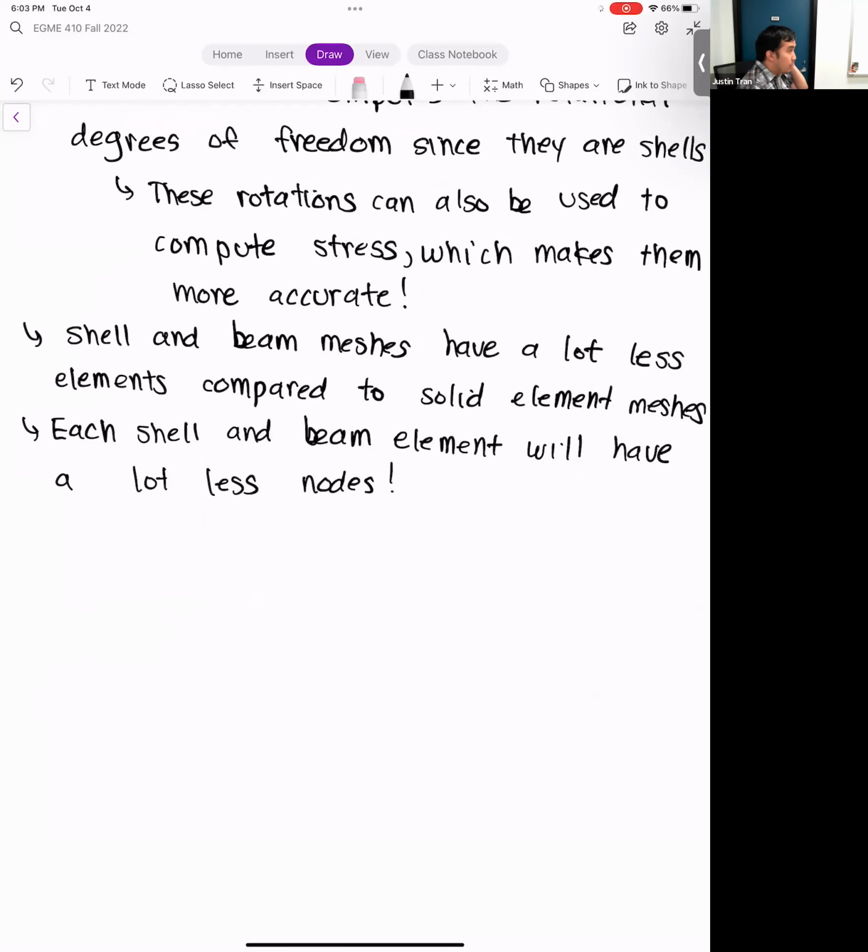And so we saw this last Thursday, right? And so if we compare the quadratic quadrilateral, if you count the number of nodes in this quadratic quadrilateral, you can see here that there's 8 of them.